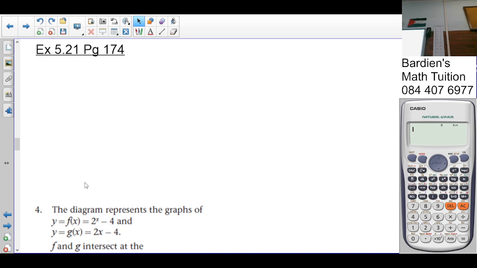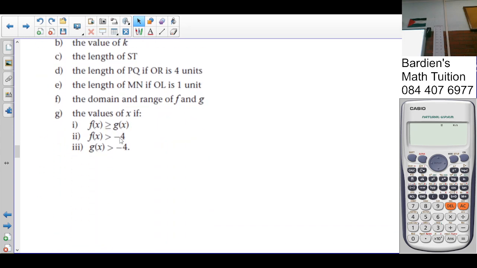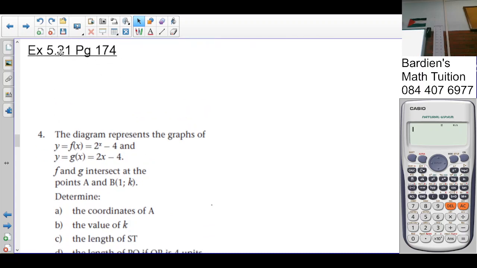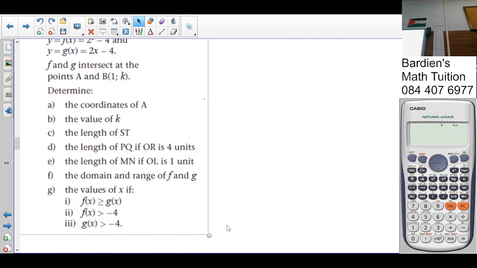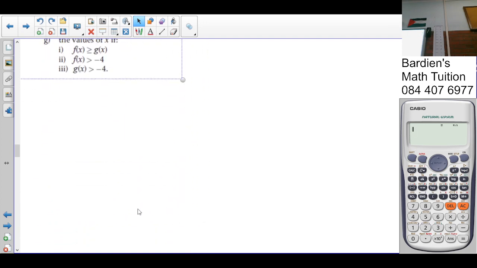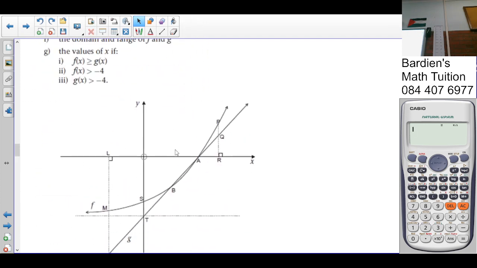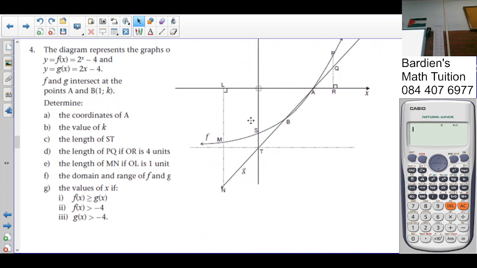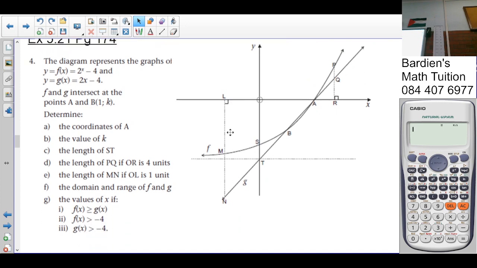Number 4. So the diagram represents the graphs of f of x equal to 2 to the x minus 4.